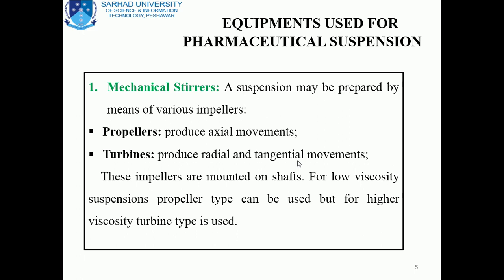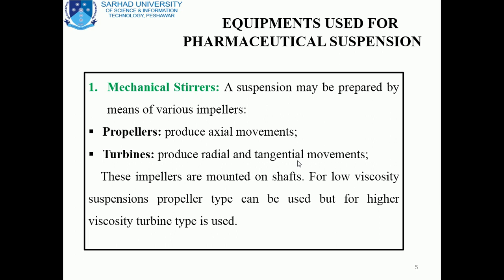The first equipment is the mechanical stirrer. We have also studied that equipment in pharmaceutical emulsion as well. Using this equipment, a pharmaceutical suspension may be prepared using a number of impellers.